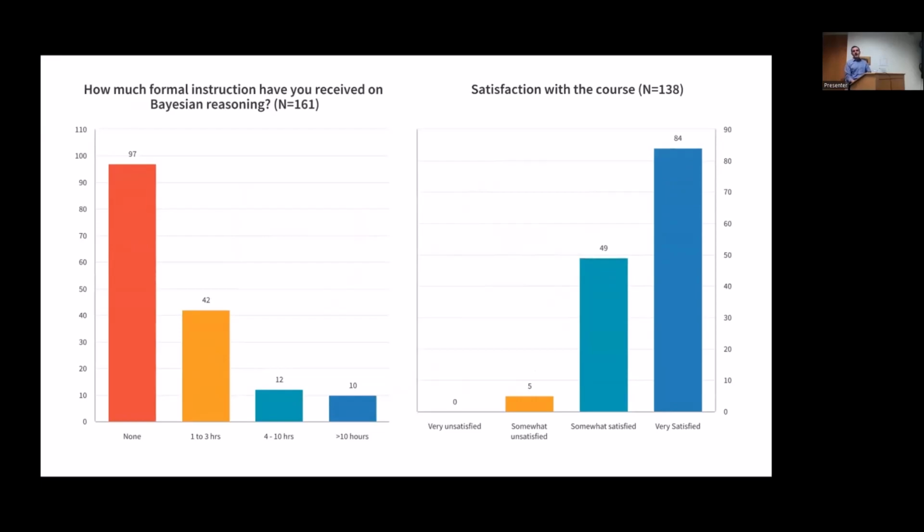Most of them said that they had received no instruction on Bayesian reasoning leading up to that point in their training. And very few said they had more than 10 hours, less than 10%. And most of them said they were at least somewhat or very satisfied by the course.